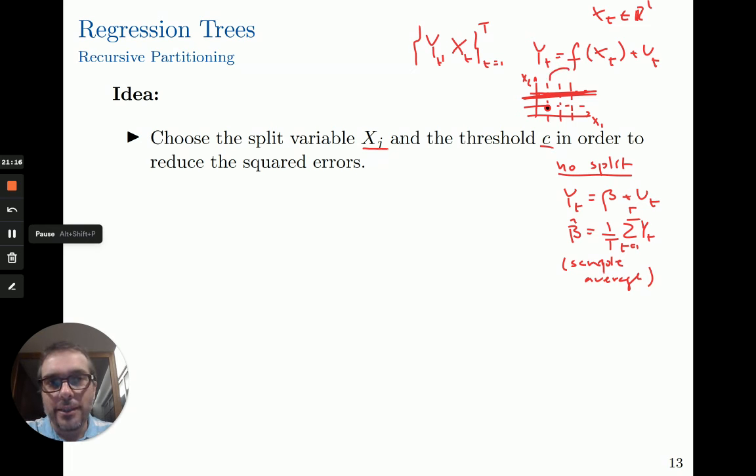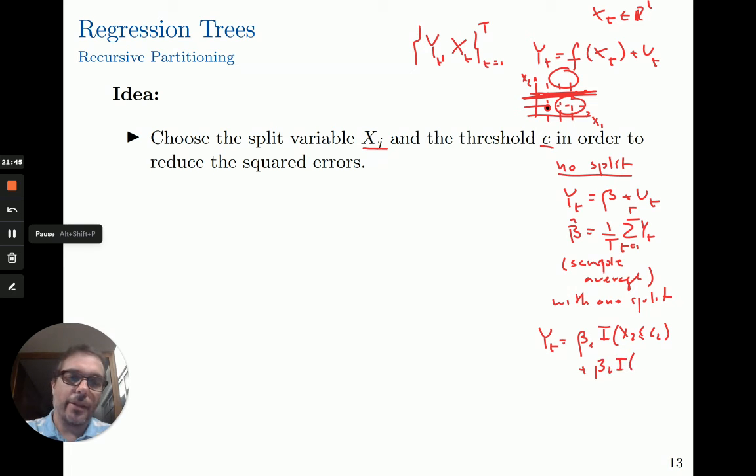We take the data in this region and take the average, and take the data in that region and take the average. So with one split, we basically say that y_t will be beta 1 if, in our case, x2 is less than or equal to C2, plus beta 2 if x2 is larger than C2, plus the error.